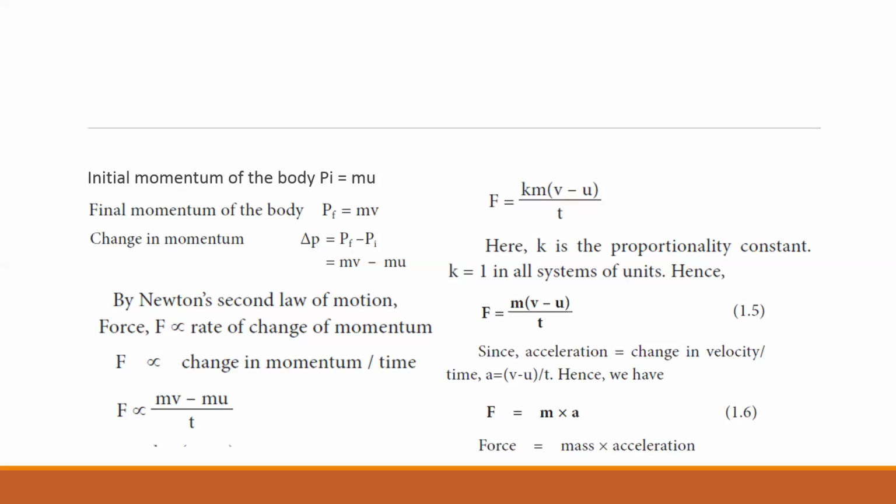To take away the proportional sign and insert an equal sign, you put a proportionality constant k, whose value is 1. So F is equal to m into v minus u by t, and v minus u by t is nothing but acceleration. So F is equal to ma. In Newton's second law, we derive that force is equal to mass into acceleration.